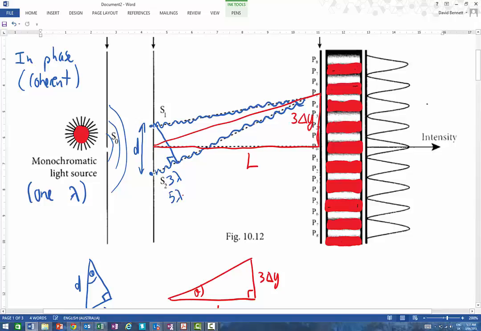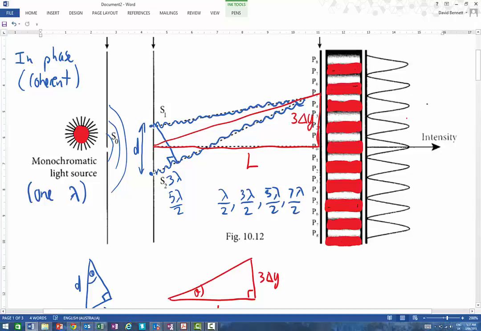So it'll be a multiple of wavelengths on 2. So it would travel, for the first dark band, half a wavelength extra, then it'll be 1.5 wavelengths extra, and then 2.5 wavelengths extra, and 3.5 wavelengths extra. So you get the pattern of that.